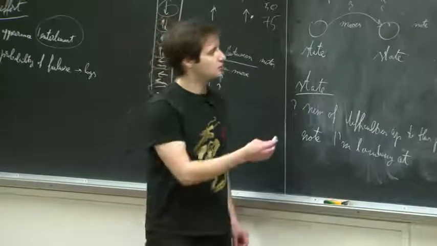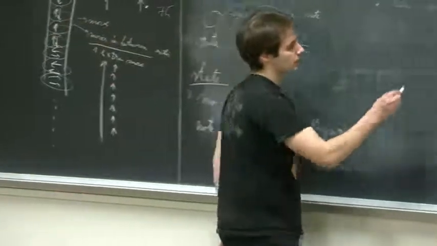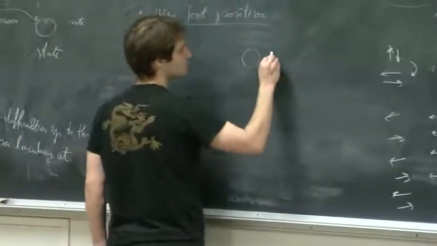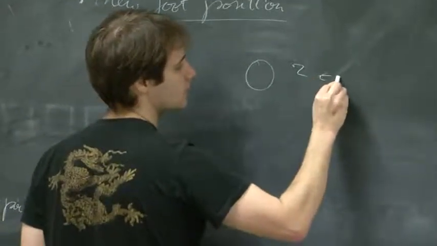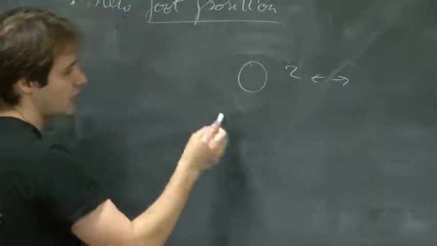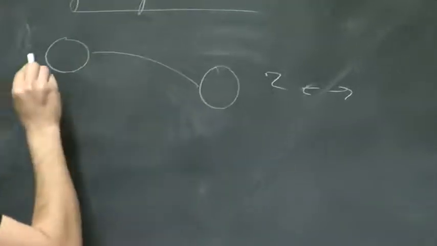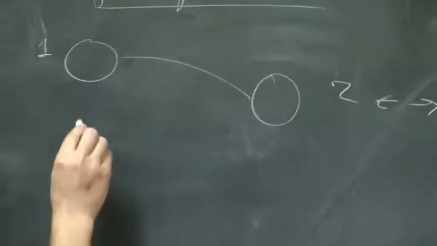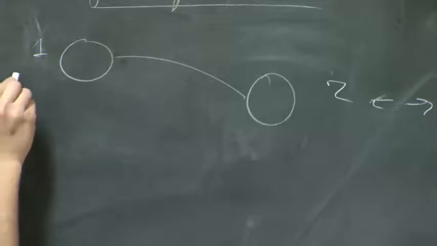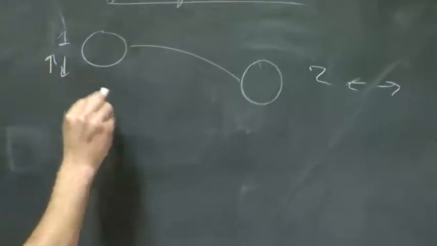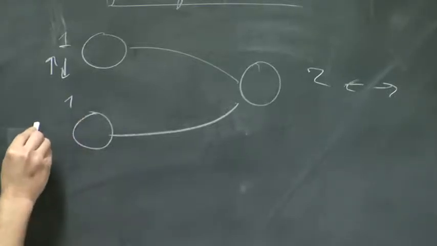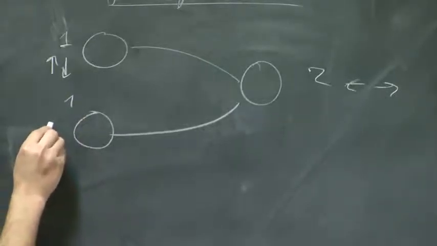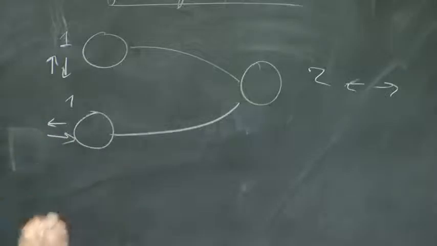Say I'm at node 2. Node 2 says left, right, and I'm considering coming here from node 1, where my foot position was up, down, or coming here from node 1, where my foot position was left, right.